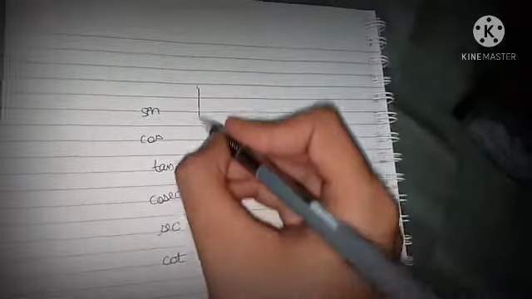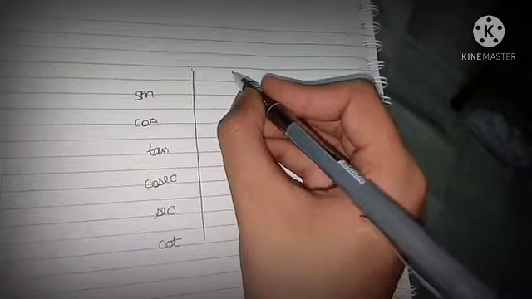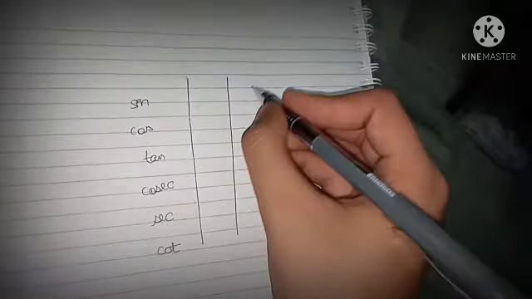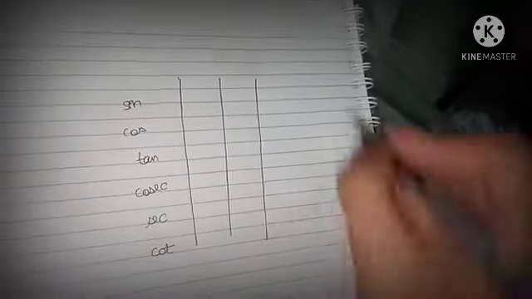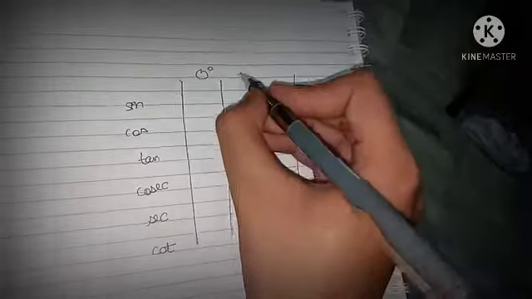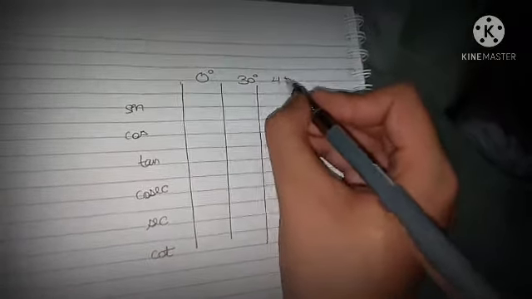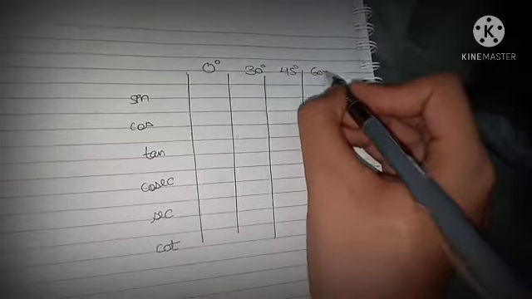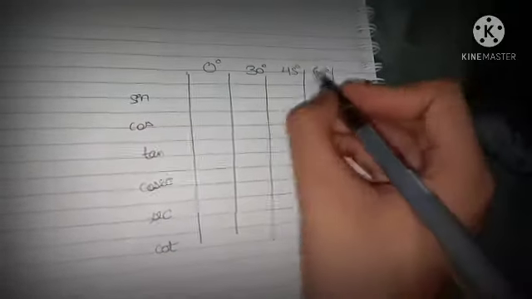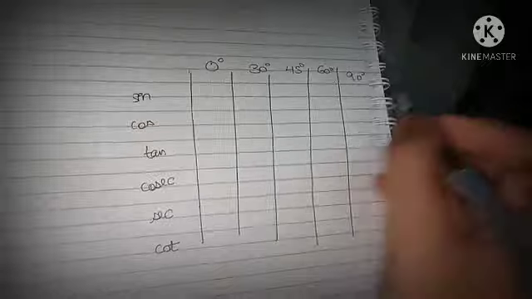I hope you know all the abbreviations: tangent is abbreviated as tan, cosecant as cosec, secant as sec, cotangent as cot, etc. And now on the x-axis I'm gonna plot the values of theta like 0 degree, 30 degree, 45 degree, 60 degree and one more column here for 90 degree. Now the trick starts.